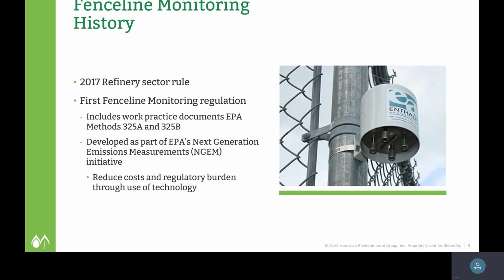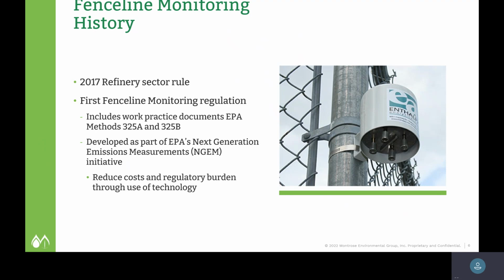So fast forward to 2017, everybody needs to start monitoring. The rule passes. So this is the first federal fenceline monitoring regulation that we've seen. And in that regulation are the first EPA methods promulgated probably since the early 80s, like new methods, right? We've had TO-15A or whatever like that.